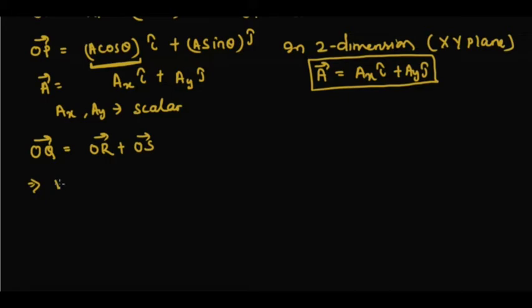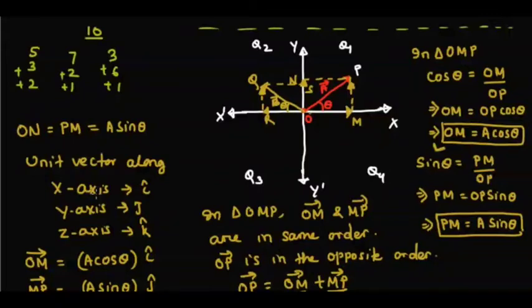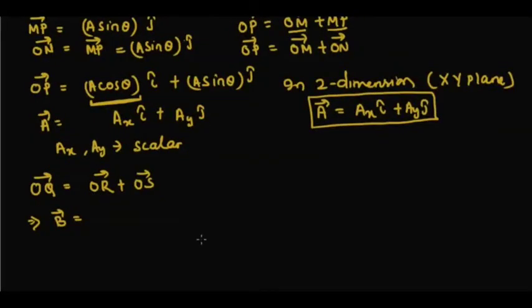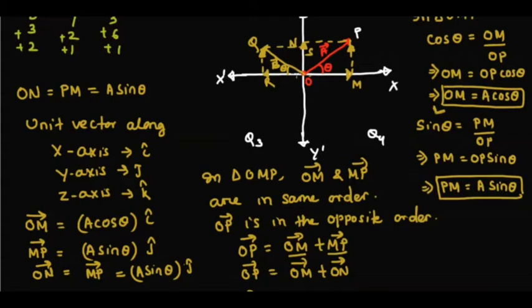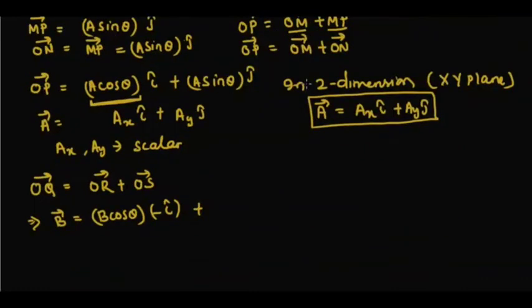So OQ vector means vector B, and look at OR. The length of OR will be B cos theta and the length of OS will be B sin theta. So I can write B cos theta, and you can see that OR vector is in the negative x direction. So the direction will be minus i cap. Is that clear? And OS vector is in the positive y axis, and its magnitude is B sin theta.